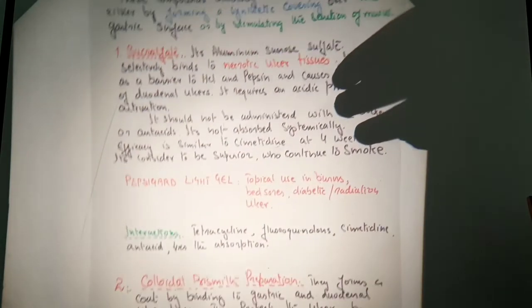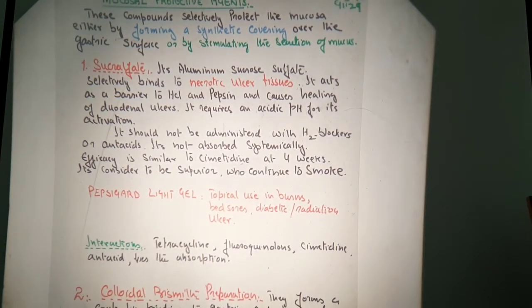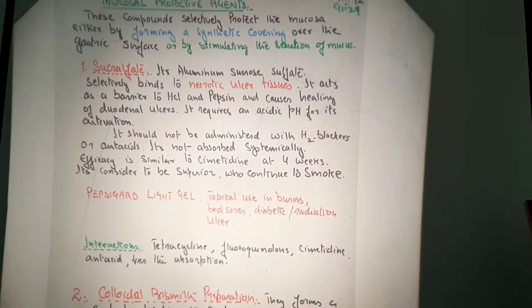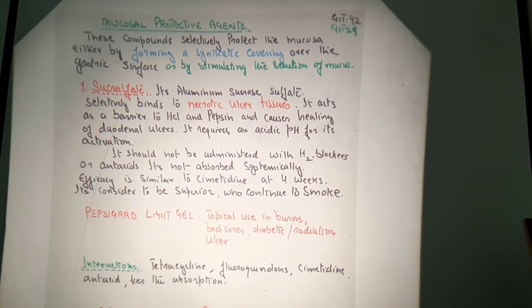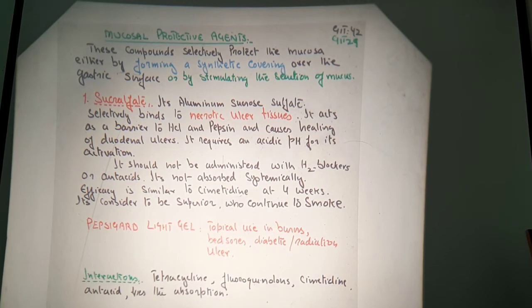Now, coming to the mucosal protective agents. These compounds selectively protect the mucosa. Now, you know what is mucosa? Mucosa is nothing but the mucus. This mucus is that component which forms a layer on the stomach wall, and that is important because it inhibits the action of HCl and pepsin on the stomach wall.